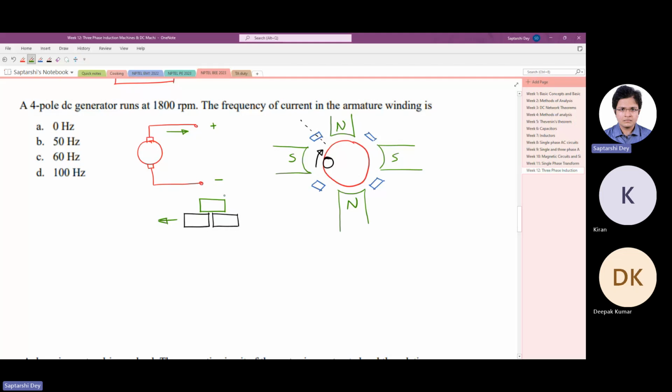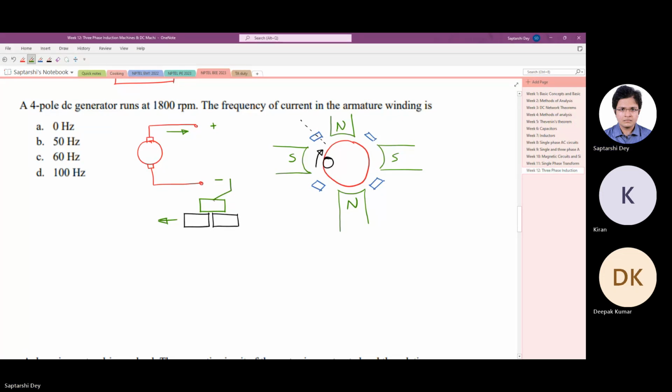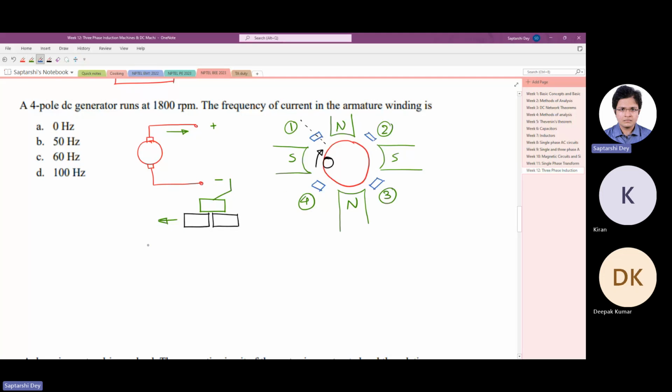So that is why it is necessary that when the coil is passing through this brush, the terminal, then the coil must have zero current. Now, if you look at this coil, in one rotation, it crosses through the brush 4 times. So we will call these positions as 1, 2, 3, 4. And now try to draw the current in the coil.